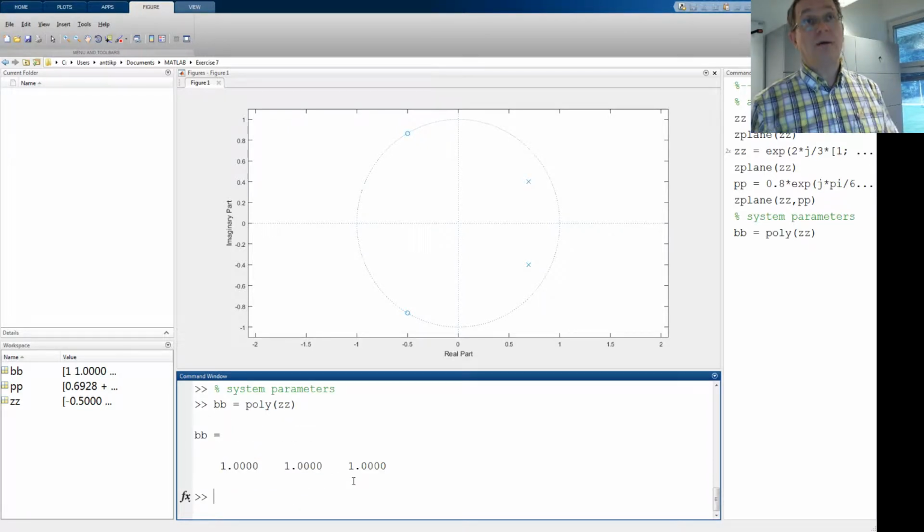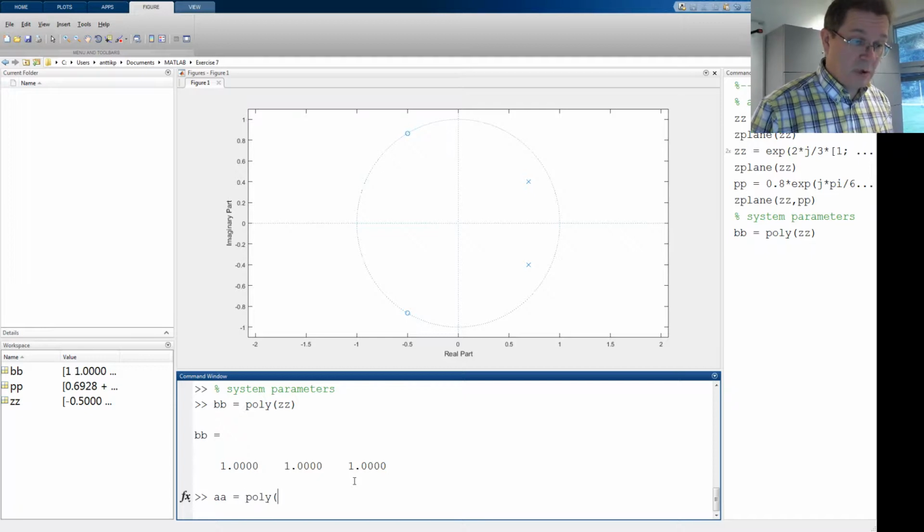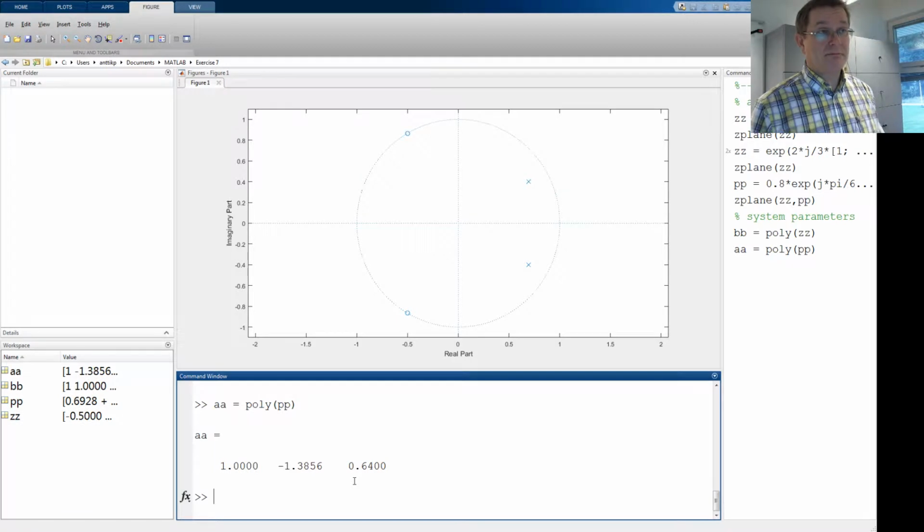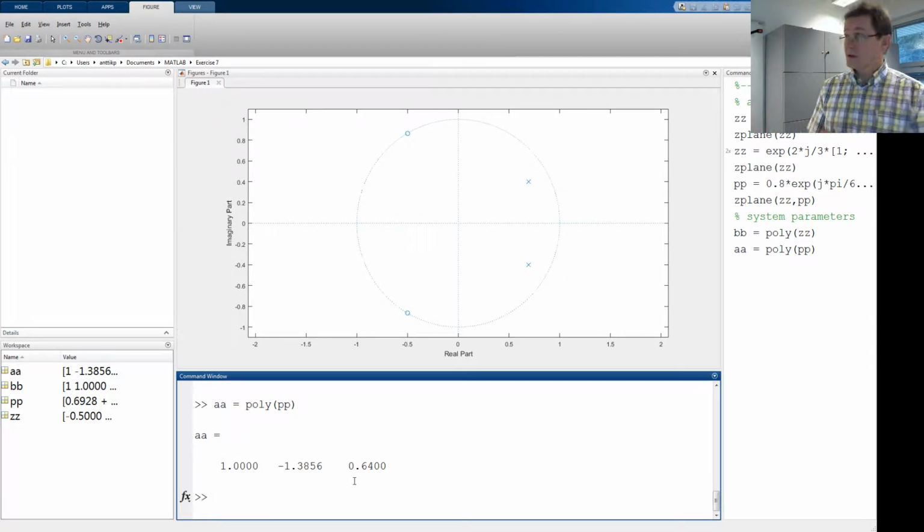Yep, 1, 1, 1. That's great. And then A equals the polynomial defined by the poles. Yep. So those are the system coefficients. Second order system. And next, let's try the step response.